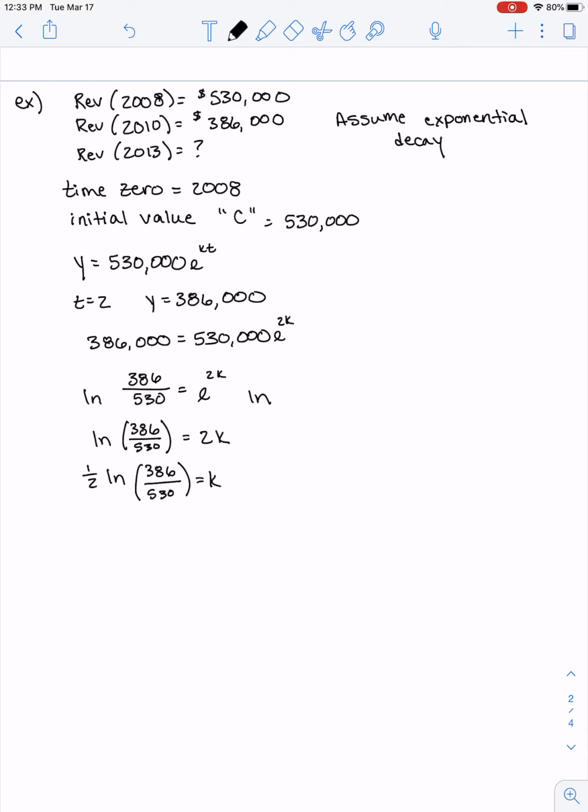What a beautiful proportionality constant. If you plug this into your calculator, you can do it now, or if you want to wait so you don't have to round your answer, you can do it later. This is approximately equal to a negative 0.15852.